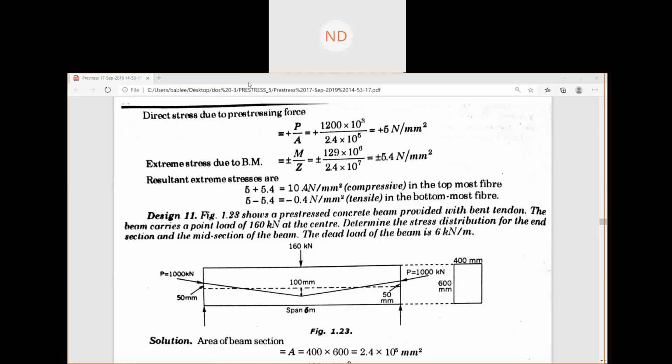What is being shared? Am I sharing or not? I think the screen is visible. Okay. Where is?